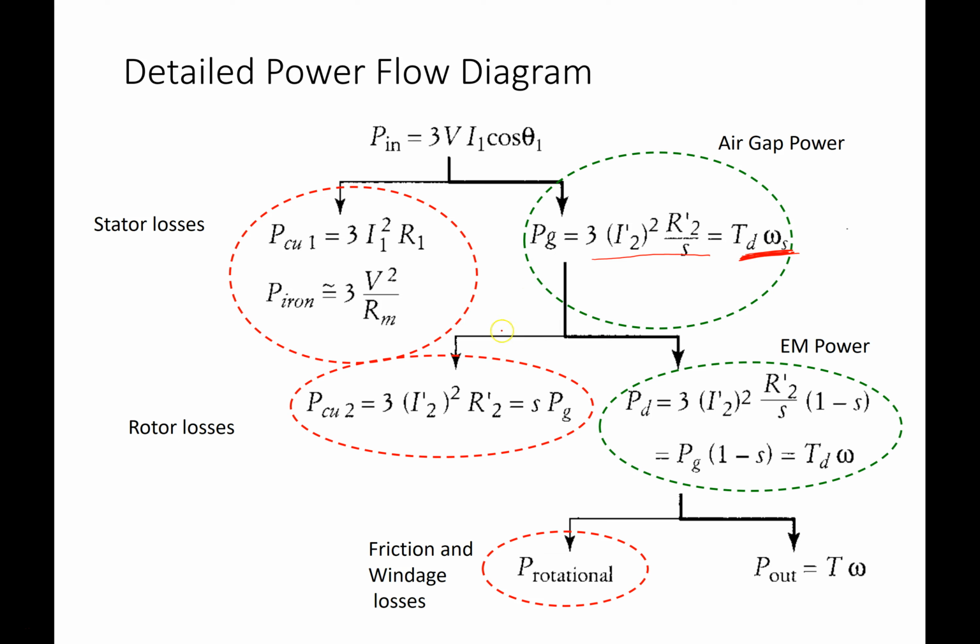So once you get past the air gap into the rotor, you're going to have some more electrical losses on the rotor side, which you could find by using your equivalent circuit and saying I2 squared R2, or if you have the air gap power, you could simply multiply by S, the slip, and that is the portion of the power which is lost to heat in the rotor.